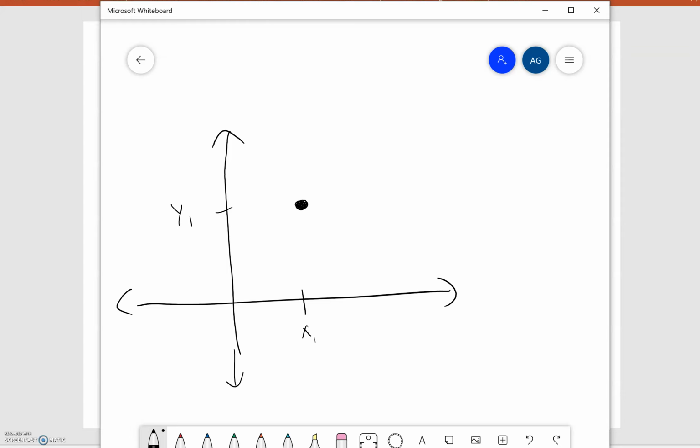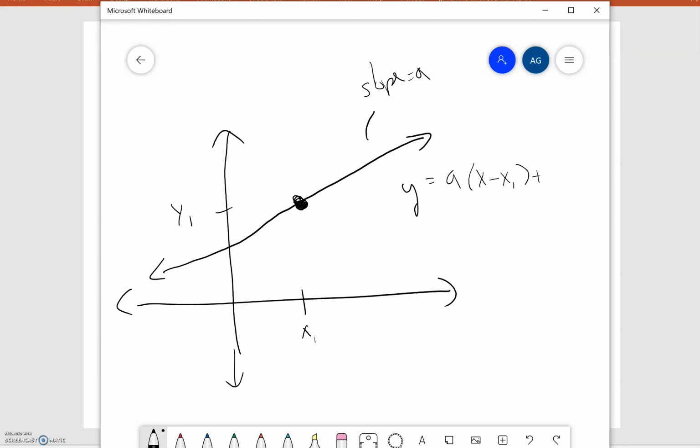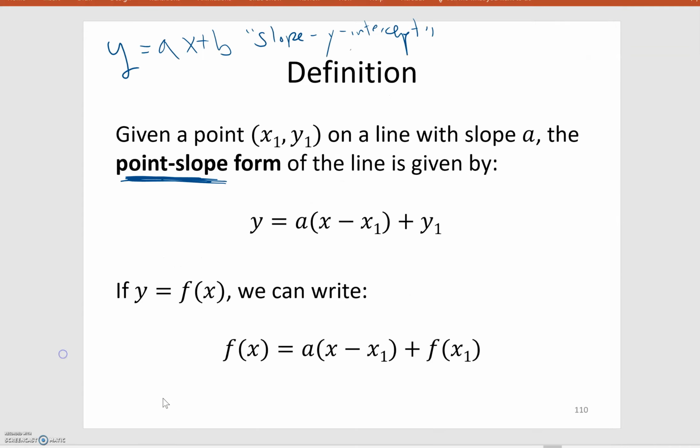Now, let's say that we have a line that goes through that point, and that this line has slope a. Then the equation of the line going through this point with this slope is given by this expression, where x and y are the variables, the input and the output, and x1 and y1 is the fixed value. Okay. So with that in mind, let's go back to our PowerPoint.